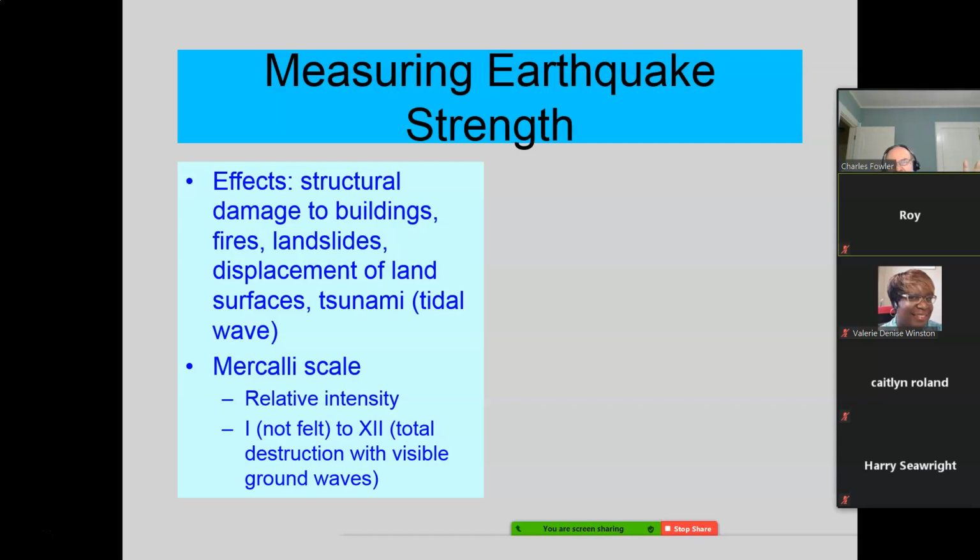And Haiti is the poorest country in the Western Hemisphere. Not the poorest in the world, but in the Western Hemisphere. It destroyed homes, buildings, apartments, businesses. It just was really bad.